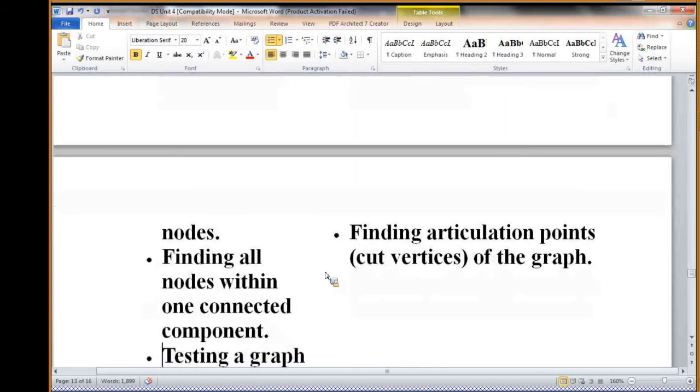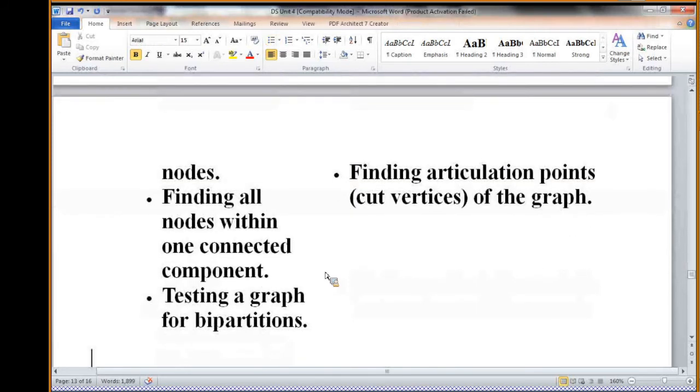And in the case of finding vertices and so on, DFS will be good. Finding all nodes within one connected component, finding explored nodes, and testing a graph for bipartiteness, which is one kind among the varieties of graphs. If you want to test the graph, then BFS will be very simple.